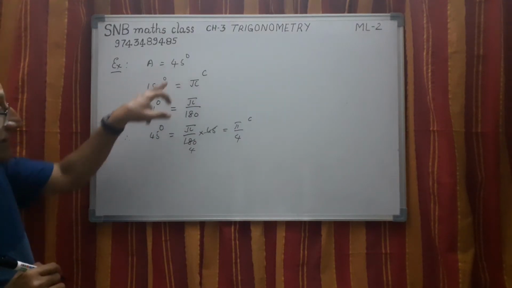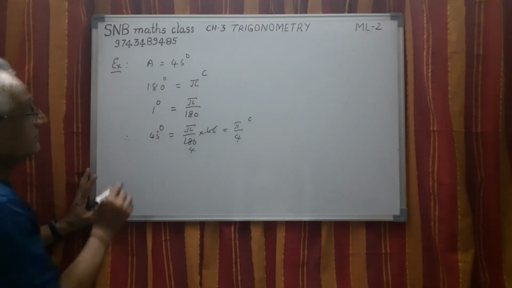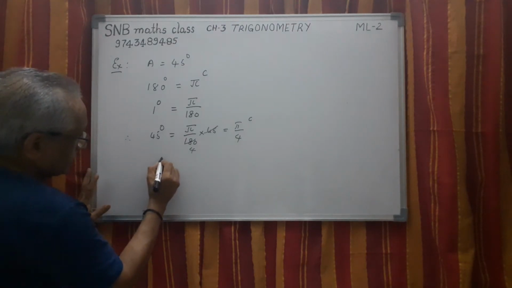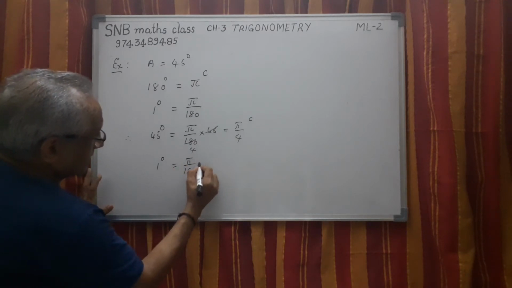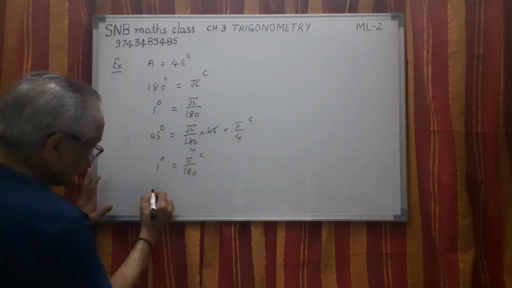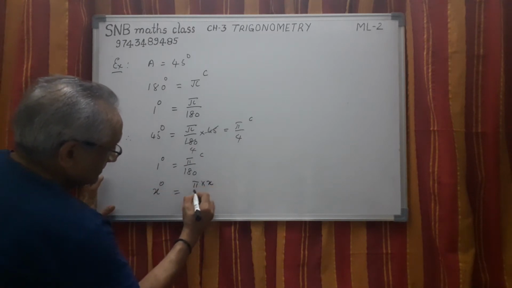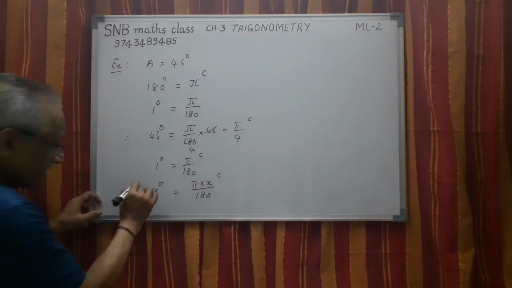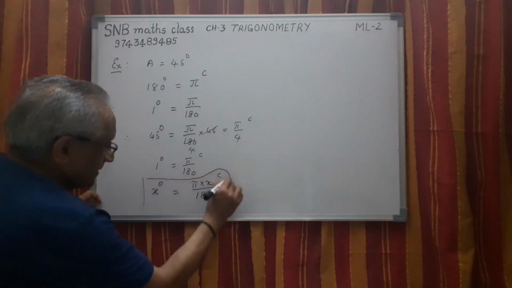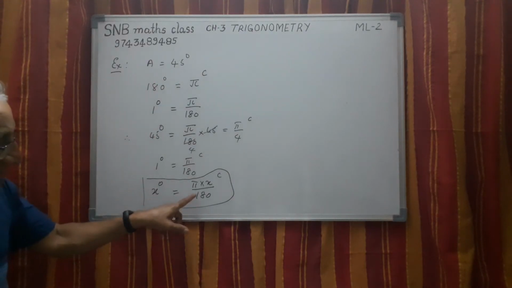Any degree measure can be converted into radian. For example, you can have a simple rule like this. 1 degree equal to pi by 180 radian, or x degree will be equal to pi into x divided by 180 radian. So you can take this as a formula. Any given degree measure, you can convert into radian by this method.